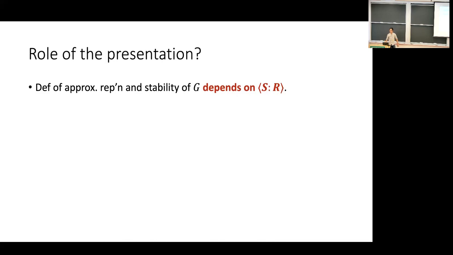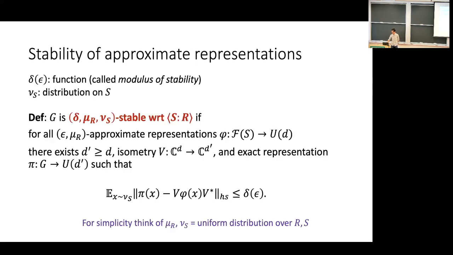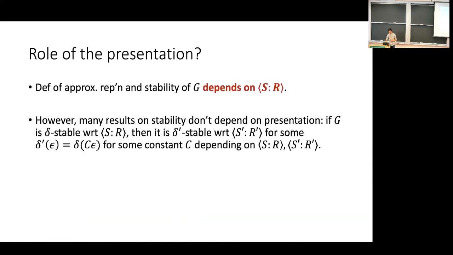Sorry, I didn't understand that. You're saying that this definition depends on the presentation and not on just the group? Yes. Well, I'll say more on exactly this slide. The definitions, at least when you read them technically, have some dependence on the choice of generators and relations. Of course, many results in the literature on stability of groups don't depend on the presentation.